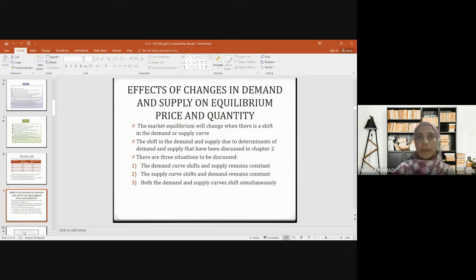Equilibrium ini dia once market equilibrium is achieved, then there will be no tendency for the price and quantity to change. Harga dan kuantiti tidak berubah selepas equilibrium tu telah tercapai.